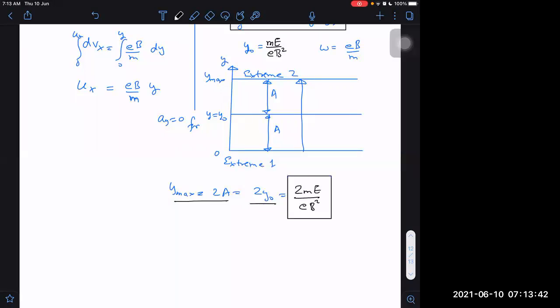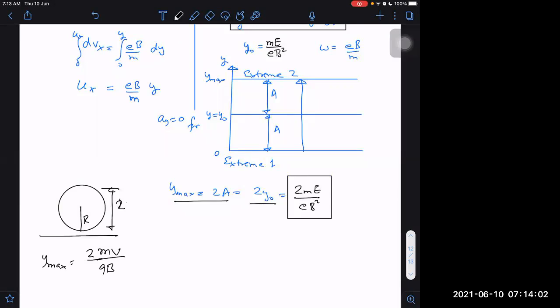The first method was like this. mv by qB is the radius, and twice the radius will be y max. In that case it was moving in a circular path, so I just took it directly as twice the radius. Radius R and 2R.